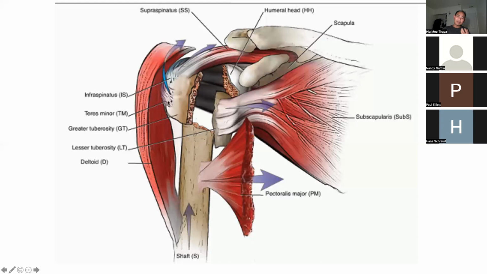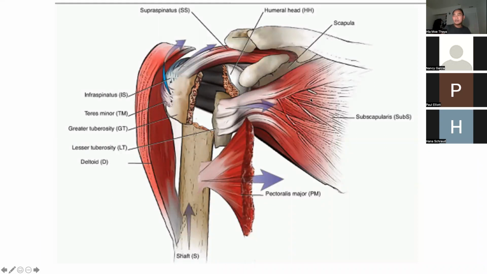And once we have a fragmented humerus, this rotator cuff muscle, supraspinatus, infraspinatus, teres minor, will pull that fragment upwards. That is what it is showing. And the subscapularis, which is attached to the lesser tuberosity, pulls that bony fragment towards the chest.